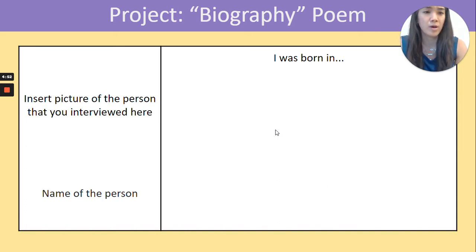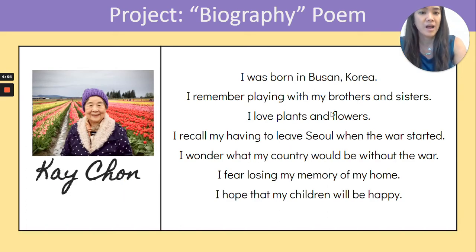On the next one, I did another exemplar that I might actually write out to students so they can see me constructing the various lines of the poem in real time. You could use this support to model how to begin, how to insert the photo, how to write the name, and then begin writing the lines of the poem and transferring from their scaffold. That could be an additional support for them to see exactly how that process will go.